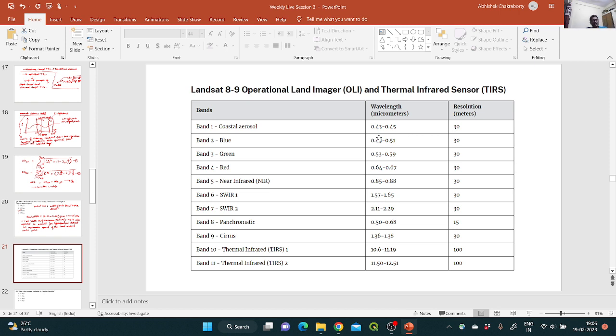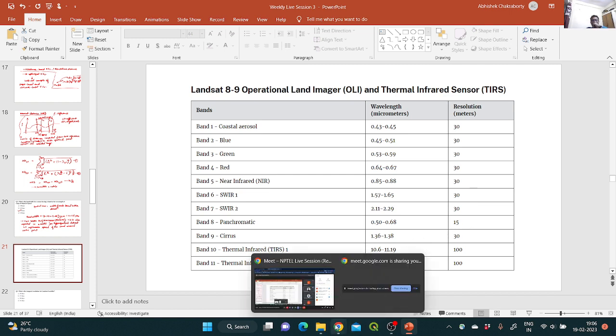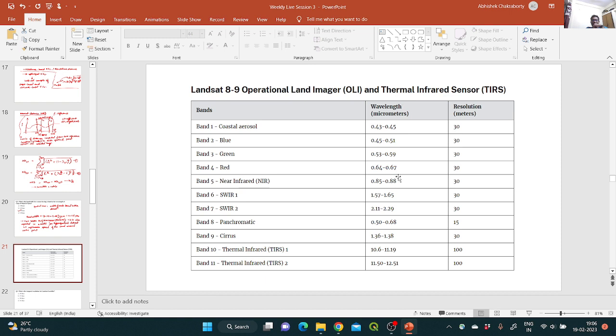Why is it happening that an increase in the wavelength is resulting in an increase in the spatial resolution? And please don't compare between a similar wavelength range like from band 1 to band 9. Compare, let us say, band 3 with band 10 or band 11. The wavelengths have significantly changed actually.